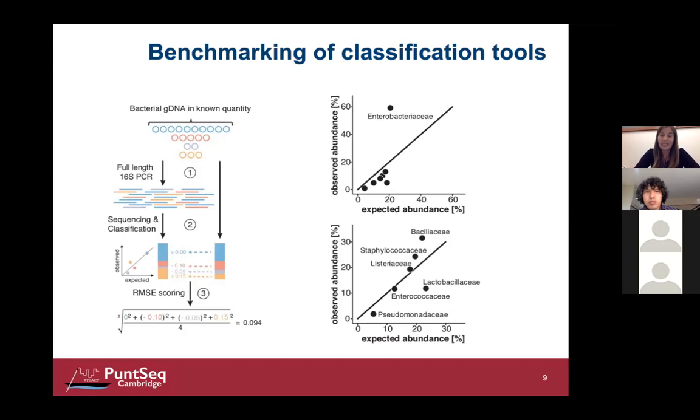So what you see is that we have a huge over-amplification of Enterobacteriaceae, or in this case, it was E. coli. This could be because of the choice of the primers. The 16S rRNA primers that we used have been modeled according to E. coli sequences, so it might be that the primers are just more efficient for this species.